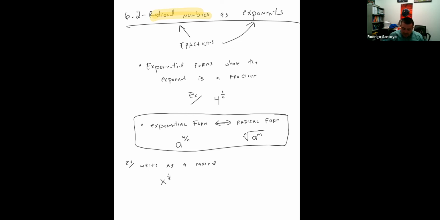It looks like this, and we want to turn it into a radical. Currently it looks like exponential form.